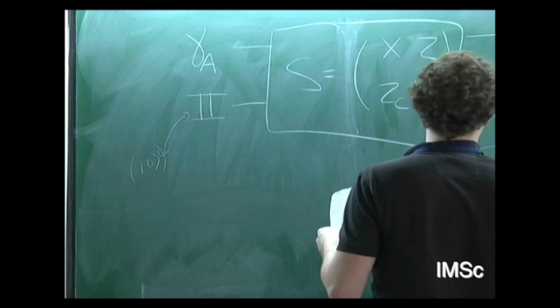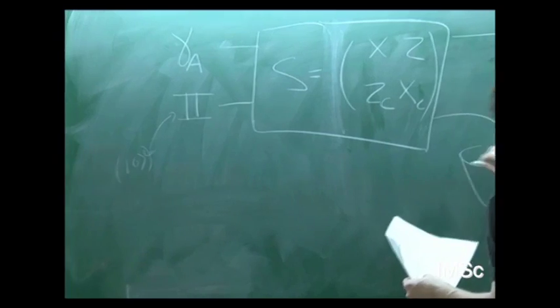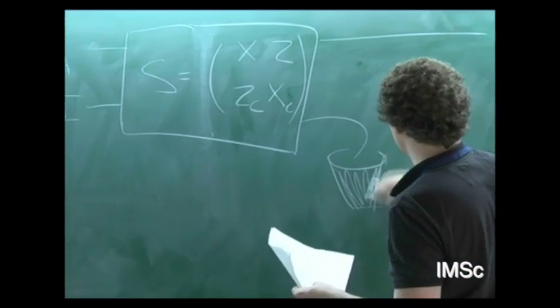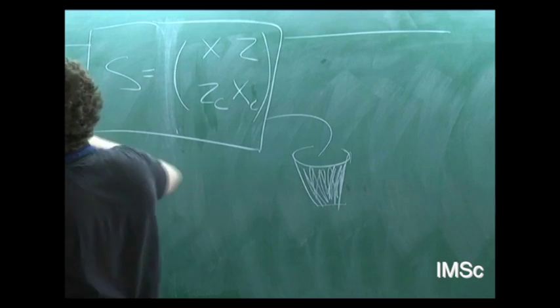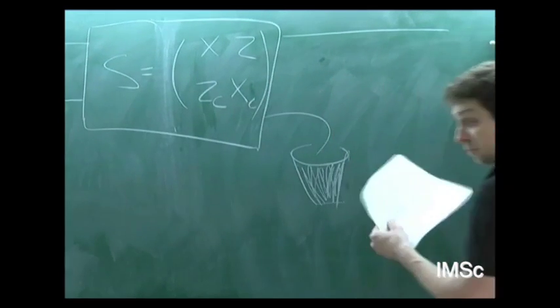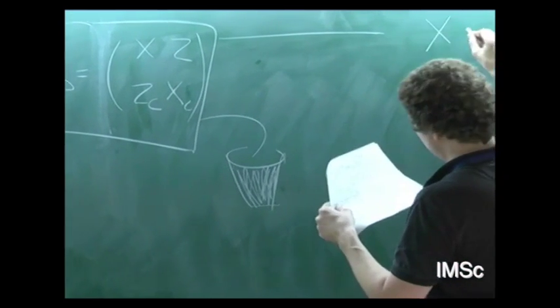And then doing a partial trace. So I'm just drawing a garbage can, because that's how I think of tracing things out. You throw it away in the trash. Okay, so now this is a mapping from this input to this output, and the output covariance matrix just looks like this.